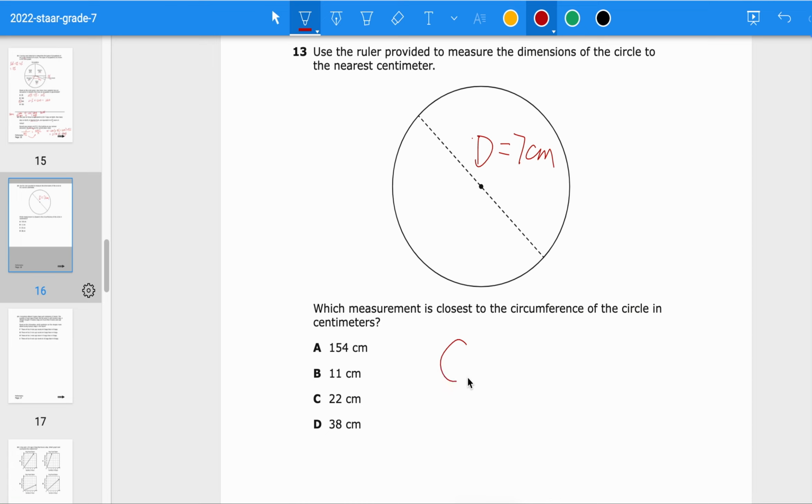So the circumference equals pi d, which is 3.14 multiplied by 7. You don't have to calculate this because they're asking you closest to which number. So you can just use 3 multiplied by 7, which is 21, and you can say 22 is the closest one. So C is the correct answer.